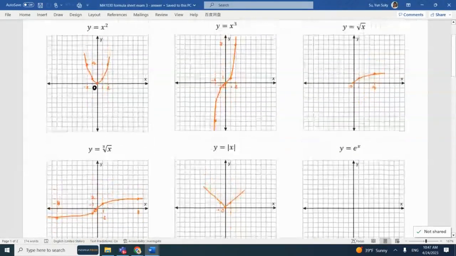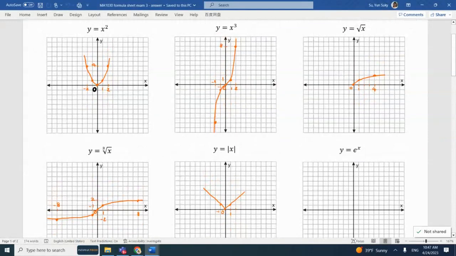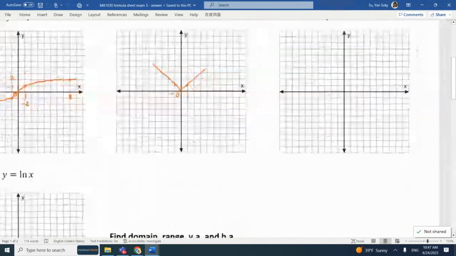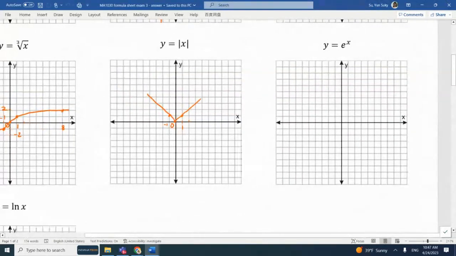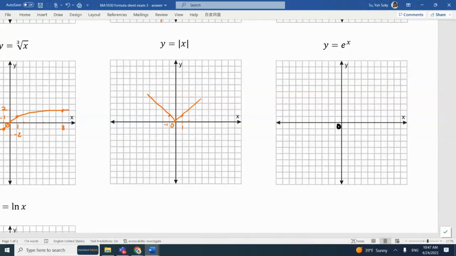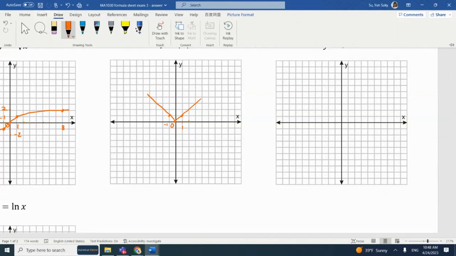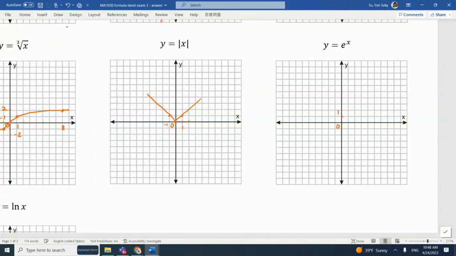Do you remember the first 5 are the ones we already know? What's the new one? e to the x. What are the key points? The key point is (0, 1). It passes through here and goes up like that.